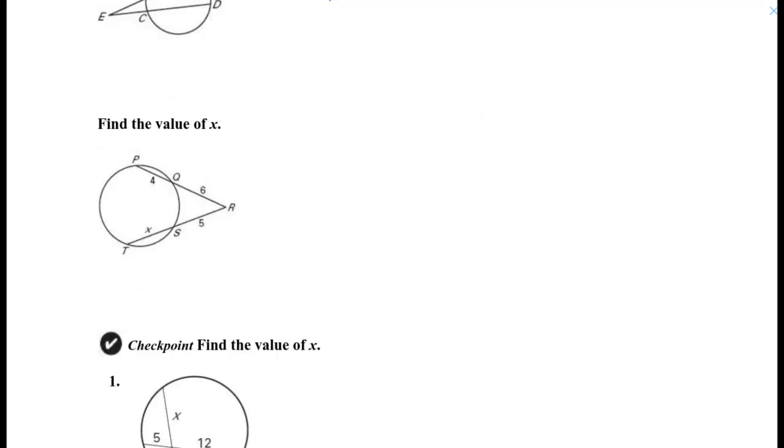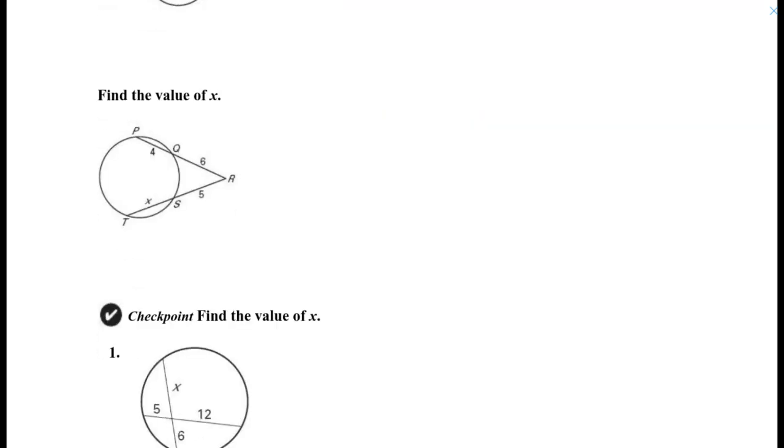Let's take a look at an example to apply that. So here we want to find the value of x. So we're going to take secant segment PR, multiply it by its external segment, which is QR, and that's going to be equal to the other secant segment, which is TR, times its external segment, which is SR. So here we see PR is going to be the total of those two segments.